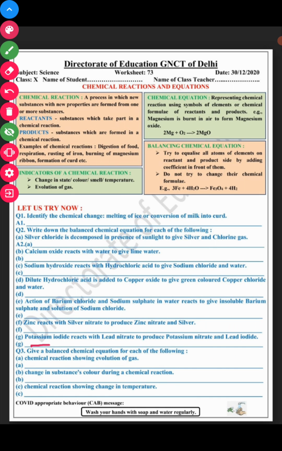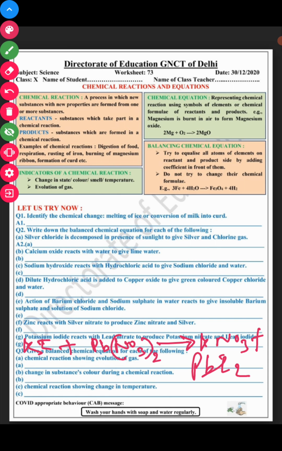Next, potassium iodide reacts with lead nitrate to produce potassium nitrate and lead iodide. Potassium iodide when it reacts with lead nitrate will give you potassium nitrate plus lead iodide.